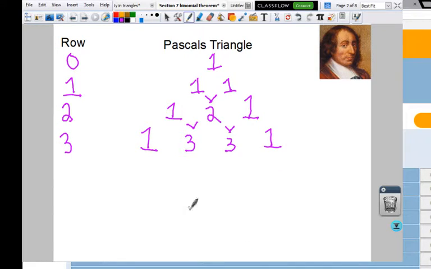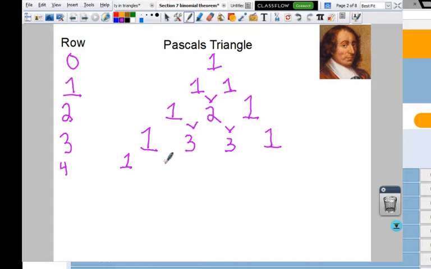And you guys can see the pattern. What's going to be right here in row 4? 4. And right here? 6, 4. Okay, so everybody got row 3 so far? So row 4, we're going to start with 1.